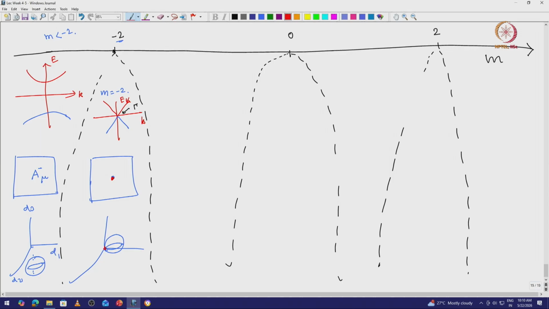So this is the region where m is greater than minus 2 and less than 0. So you can take m equal to minus 1 as an example.